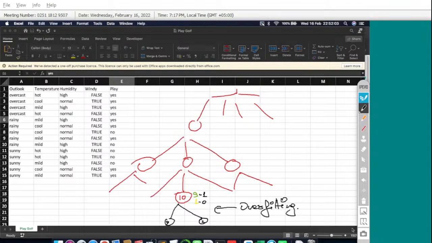Yes, we are adding a split in the tree just for classifying one observation. Overfitting.